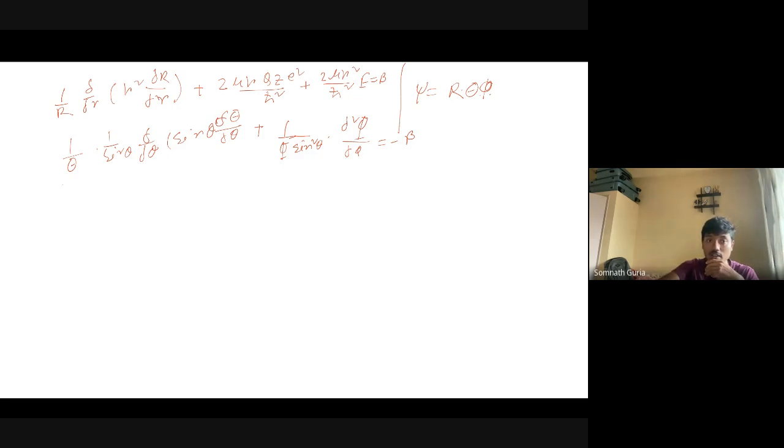These two terms, the theta term and the phi term, can be easily separable.